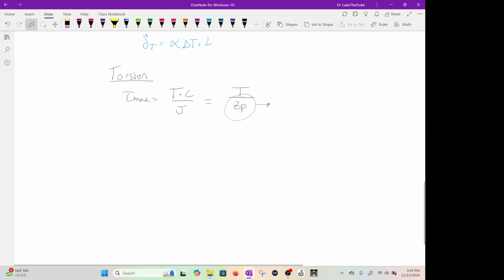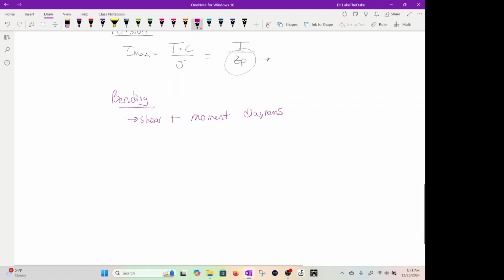The last part is bending. This is where shear and moment diagrams are very, very important. Shear and moment diagrams.